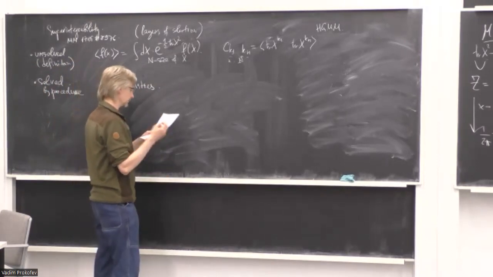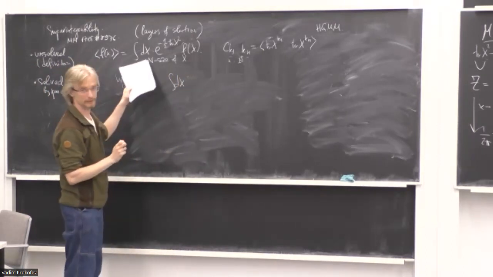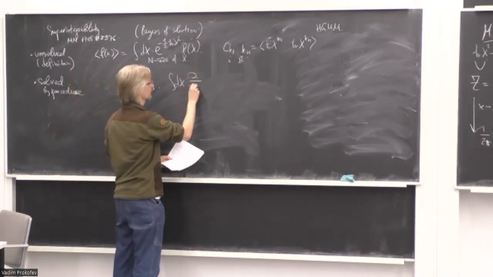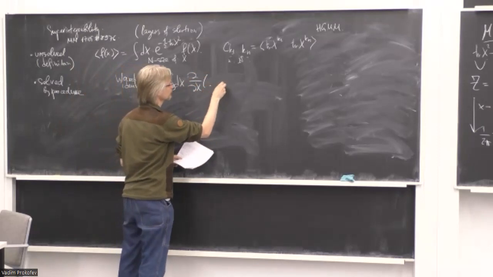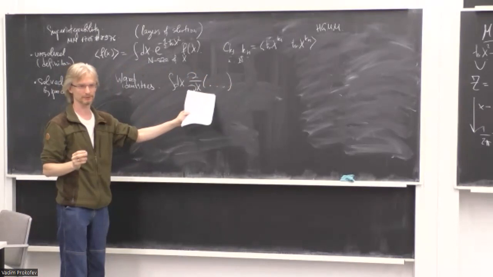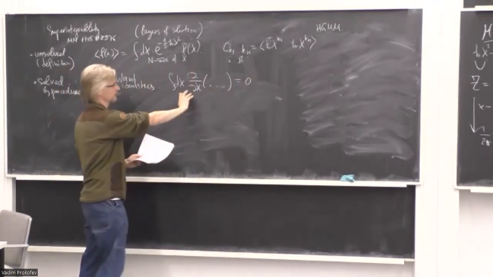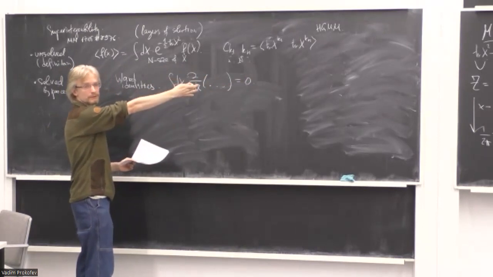The way to obtain such Ward identities is to write under this integral a full derivative, full matrix derivatives of a certain function, and then of course say that this integral of a full derivative is 0.